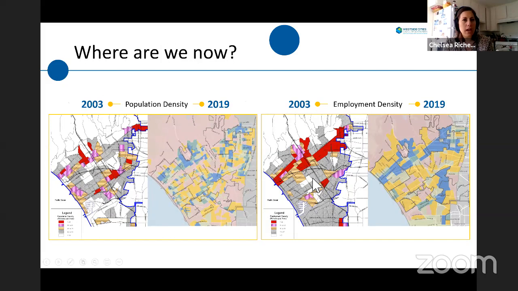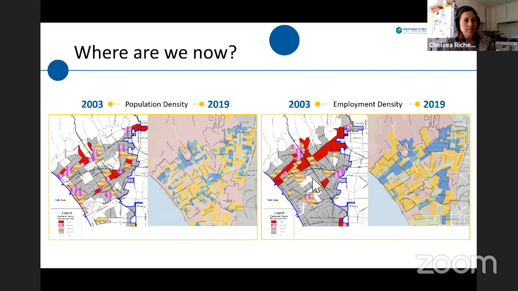So, moving into a comparison of some of the information from that 2003 study with updated existing conditions from 2019, which is the most recent year available. We have population density and employment density shown here in the same units of measure: people per acre for population density and jobs per acre for employment density.